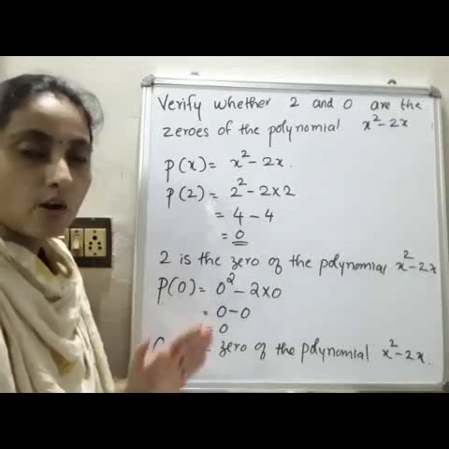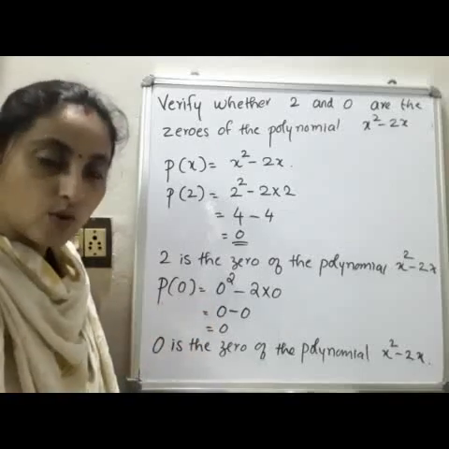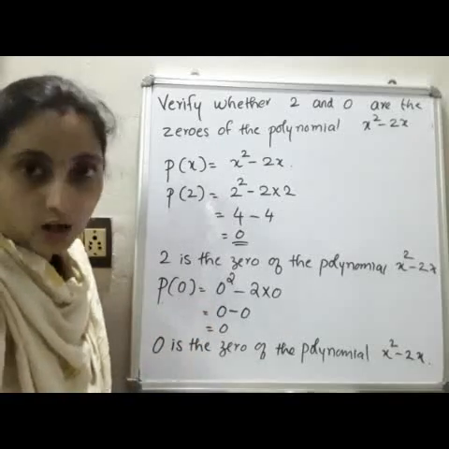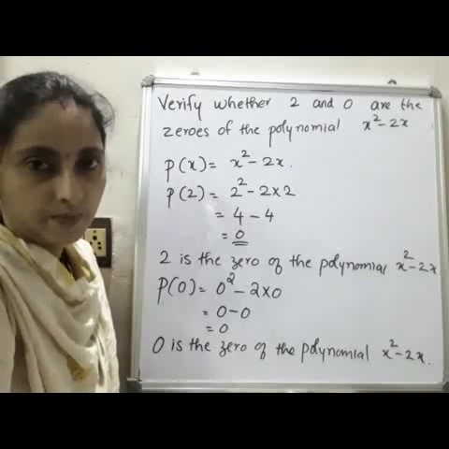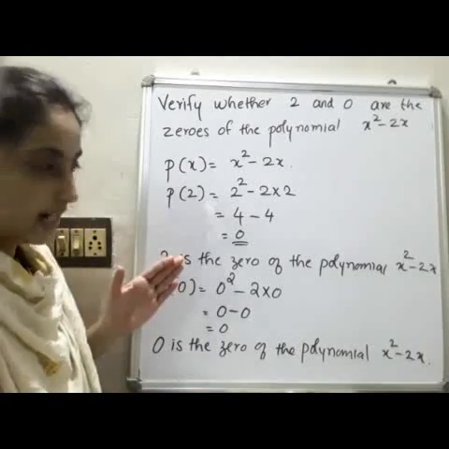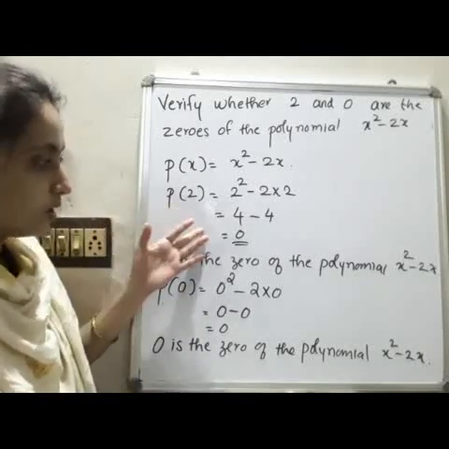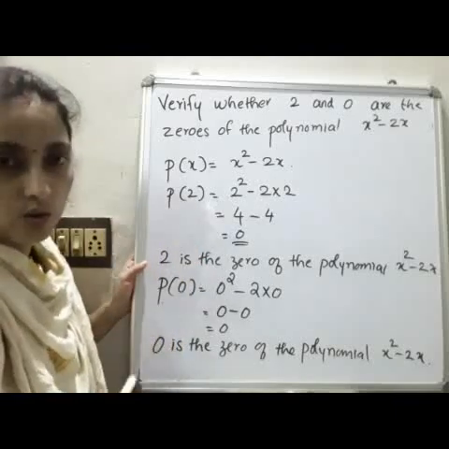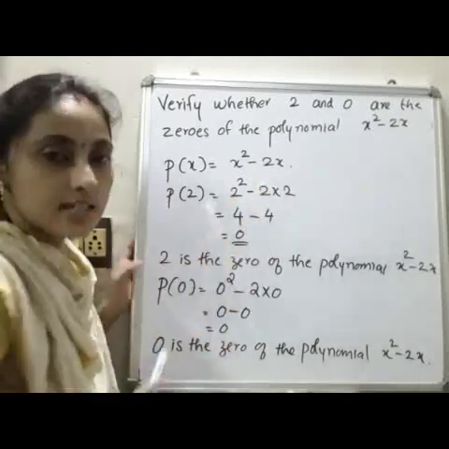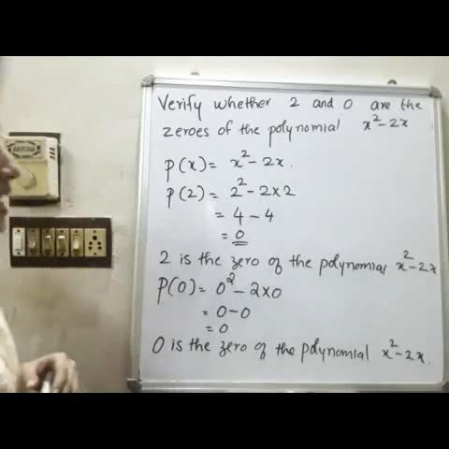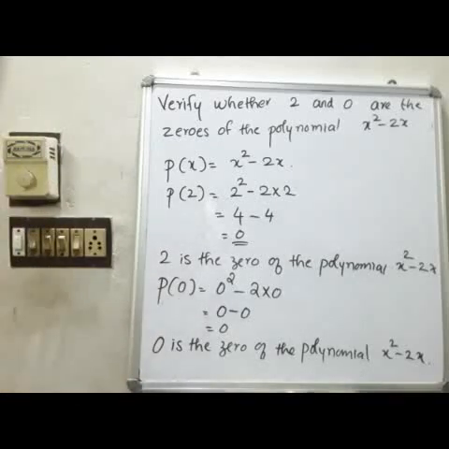If the degree of the polynomial is 1000, how many zeros will be there? 1000 zeros. Okay, so hope you are clear on this concept. So in this question, both 2 and 0 are the zeros of this polynomial. Okay, so please write down the next question.